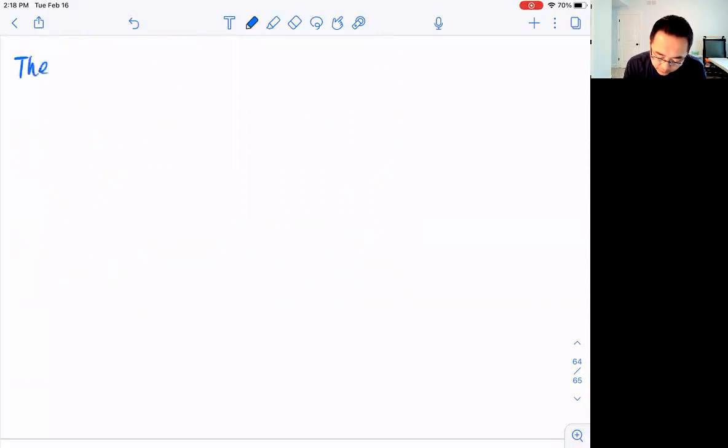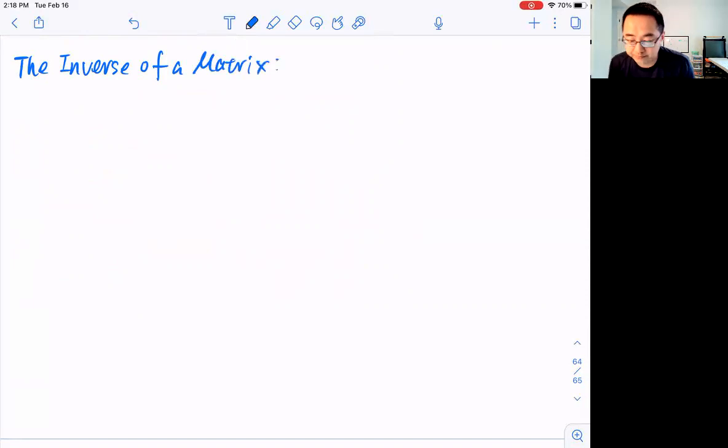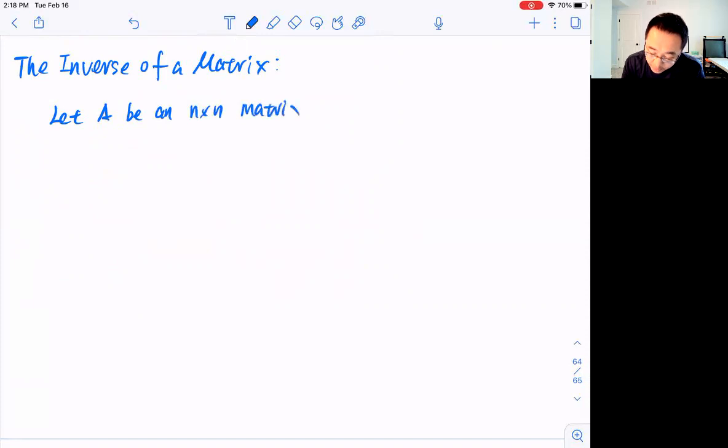Okay, now with the idea of the identity matrix, you can now figure out the inverse of a matrix. So we say let A be an n by n matrix, so it has to be a square matrix.